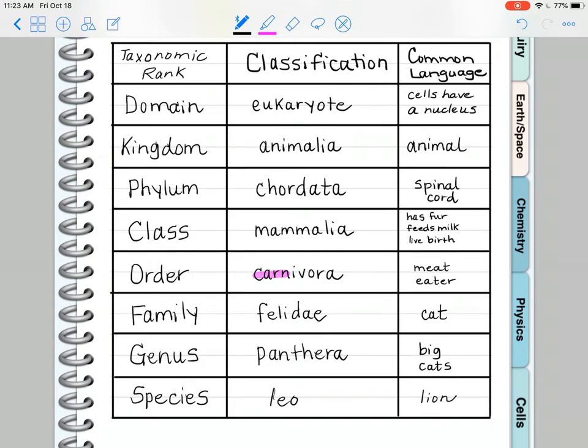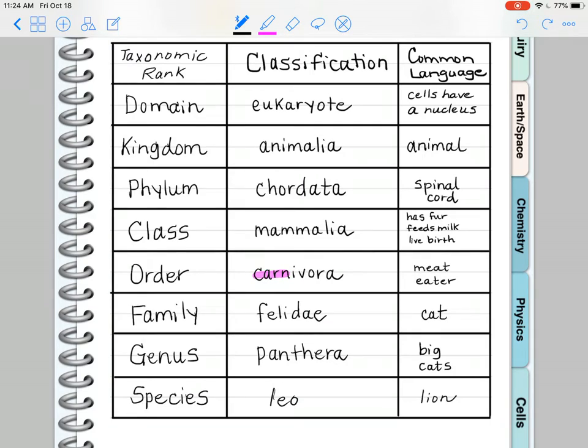So let me ask you this. Could a lion and a tiger, that's actually not a good example, because they can cross. Could a lion and a house cat have a kitten? A lion and a house cat. No. So they are not in the same species. Species is very specific.